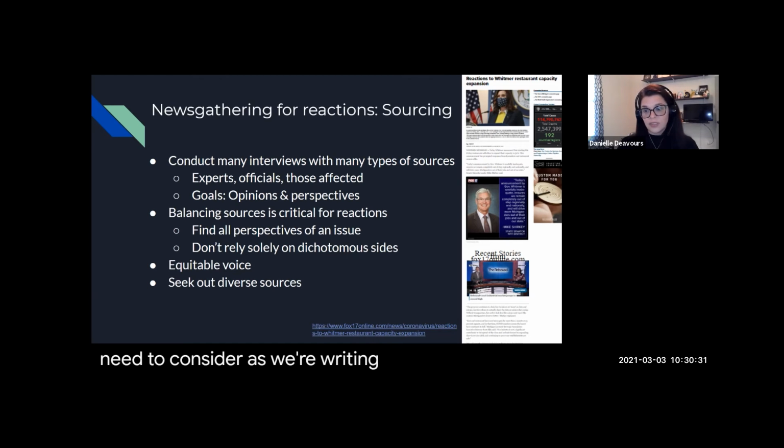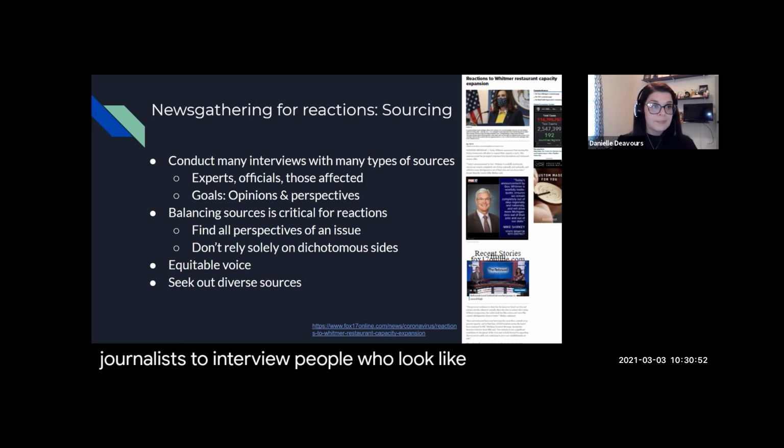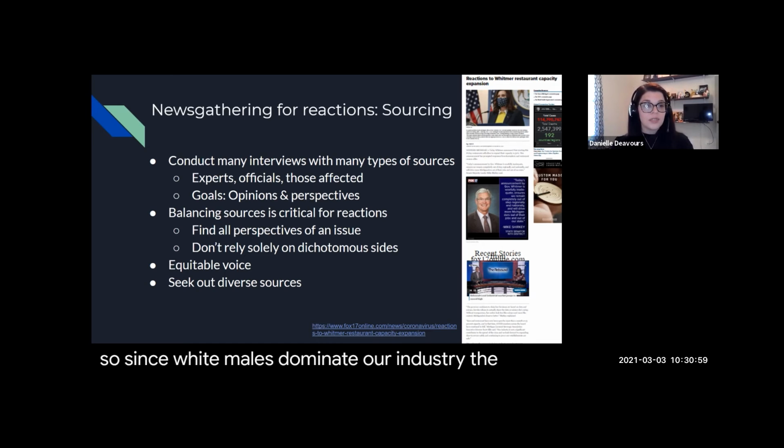I think all of those perspectives are things we need to consider as we're writing reaction features. We also want to make sure that we're giving equitable voice to all communities. This is really important for me, especially as someone who worked in the field for 15 years. Research shows that it's very common for journalists to interview people who look like them. Since white males dominate our industry, the primary source that is often used is a white male.